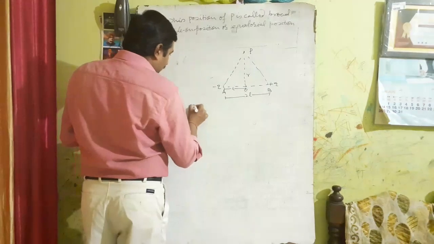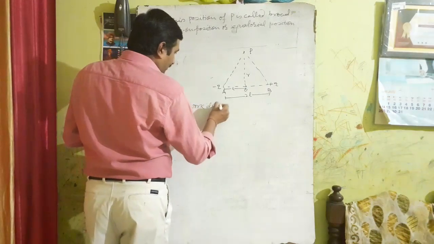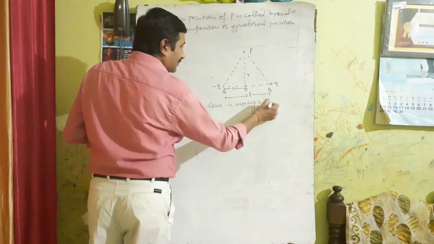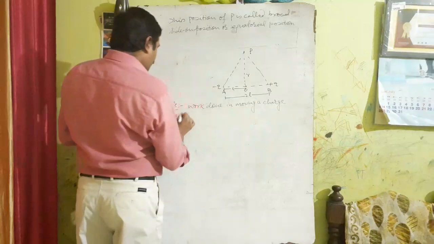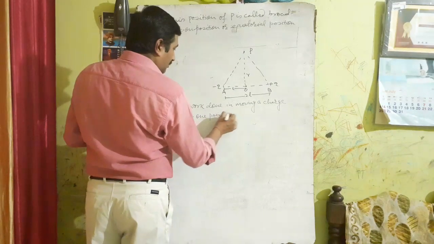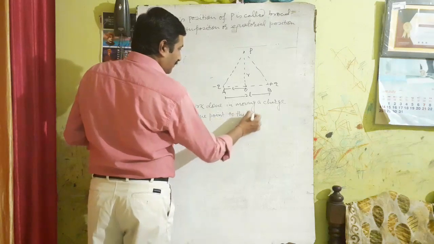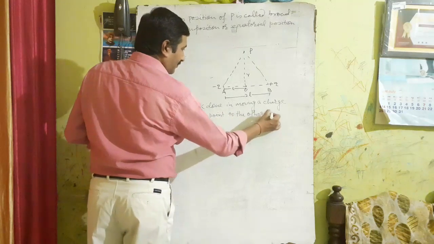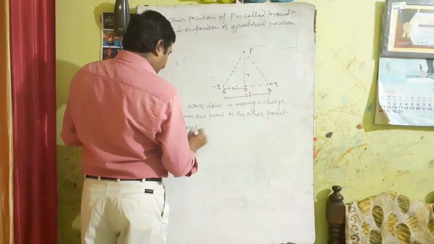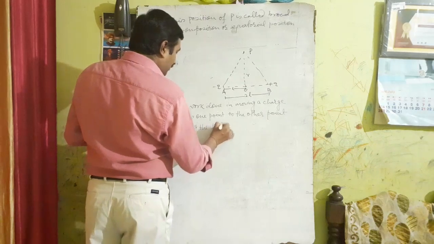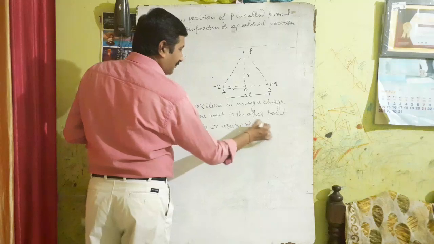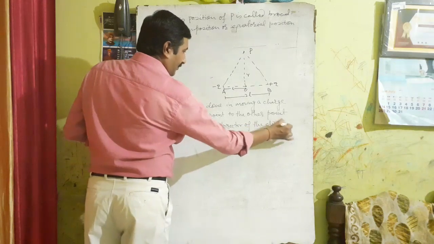that the work done in moving a charge from one point to the other point along the perpendicular bisector of the dipole is 0.